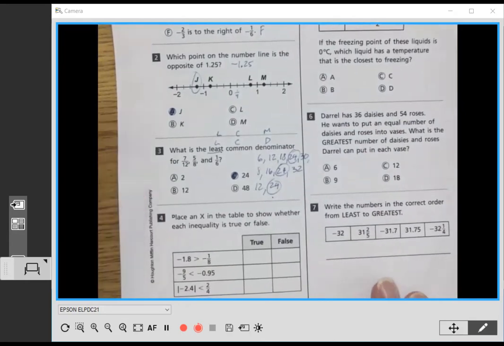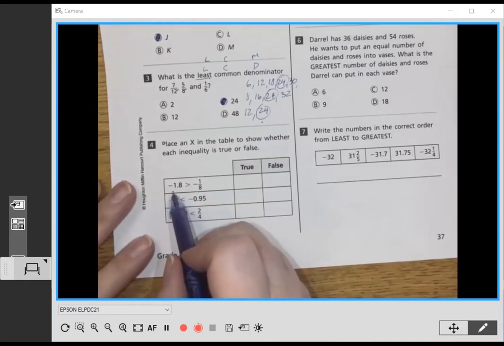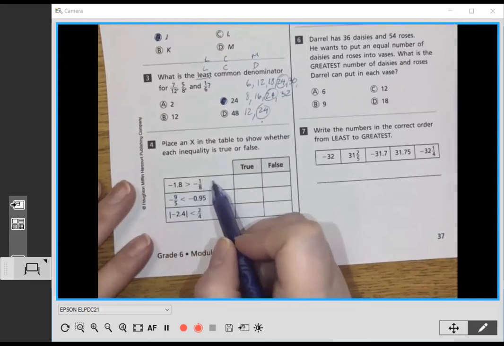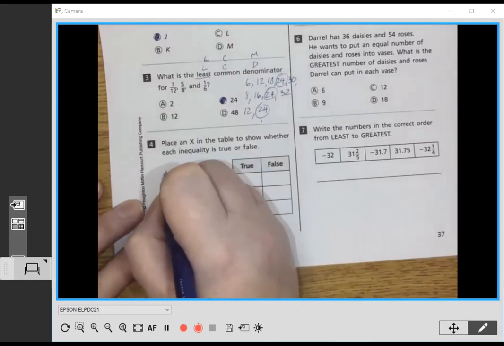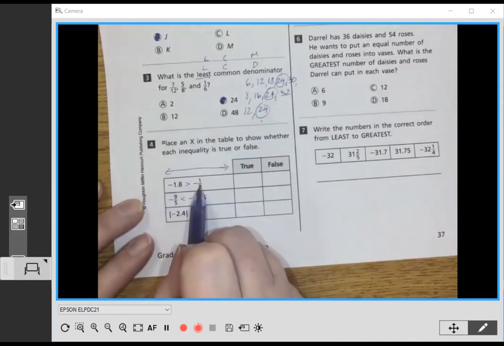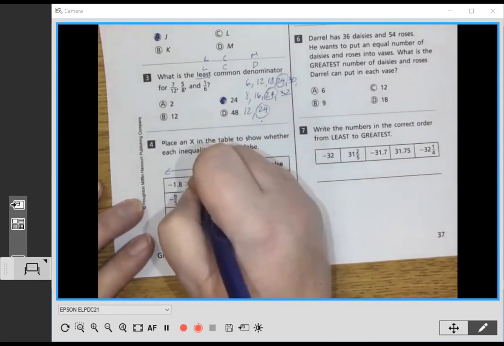Number 4, place an X in the table to show whether each inequality is true or false. So we have negative 1 8/10 is greater than negative 1/8. Let's make a number line to help us compare these. They're both negative. So I'll put 0 here, negative 1.